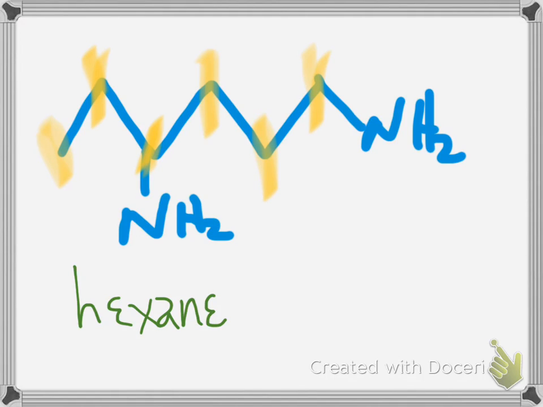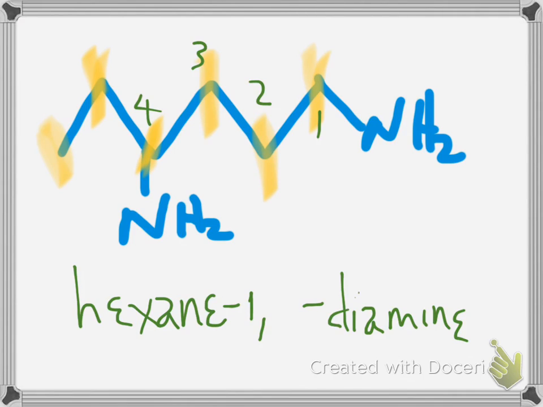And just like when we had two alcohols, which were diols, this becomes a diamine. And we have to give locants. This is carbon 1, 2, 3, 4. So this is hexane-1,4-diamine. Or it would also be acceptable to say 1,4-hexanediamine. Either way is perfectly acceptable in this instance.